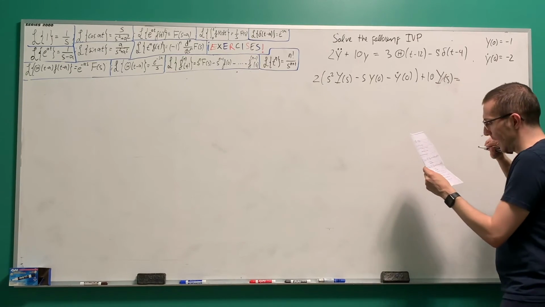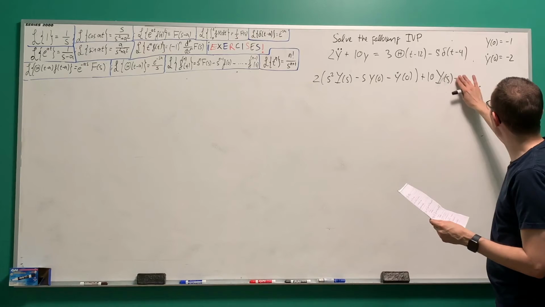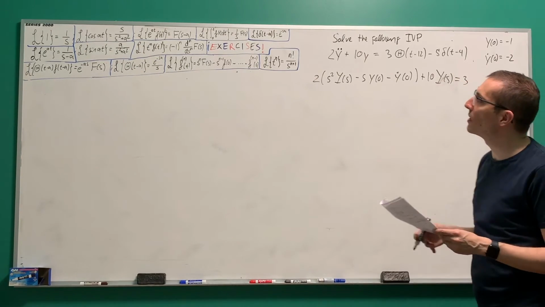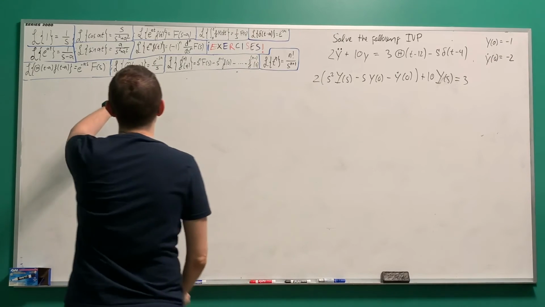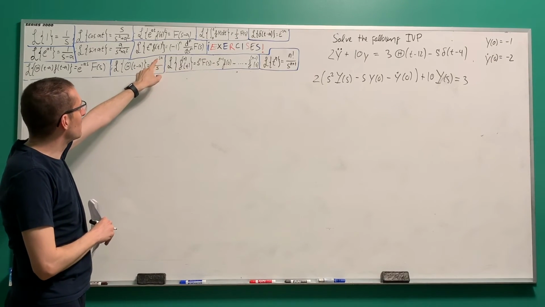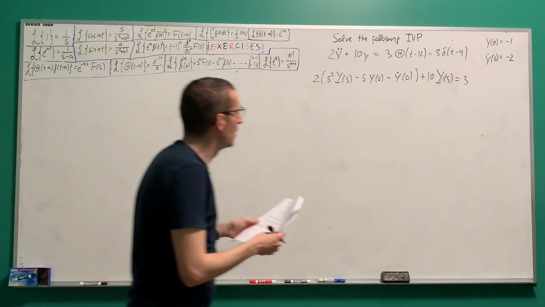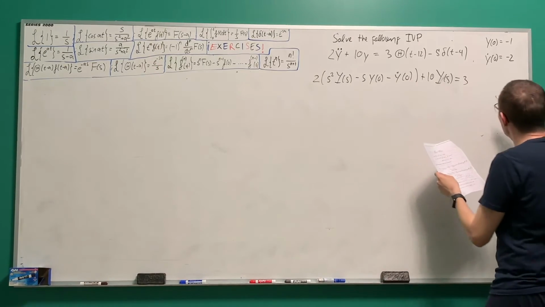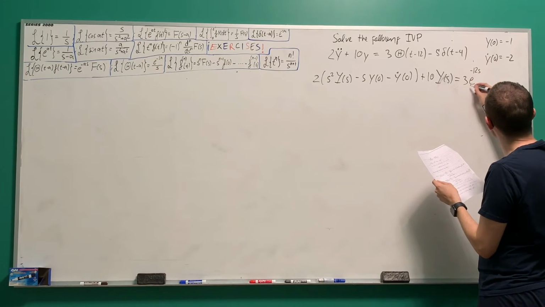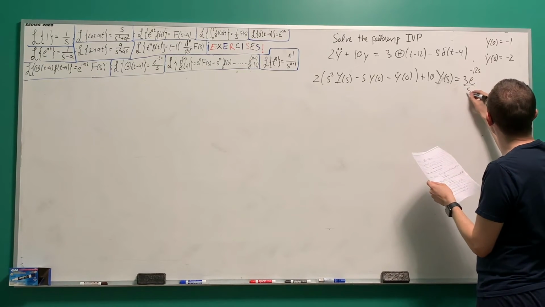equals, and then here I have to write the Laplace transform of the Heaviside. So this is 3. Okay, what is the Laplace transform of the Heaviside? I have it here. Heaviside of t minus a is e to the minus as divided by s. Okay, a here is 12. So this is e^(-12s) divided by s.